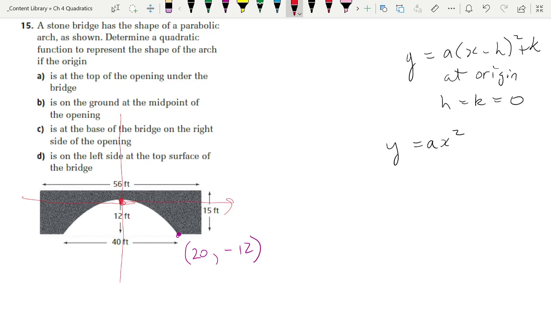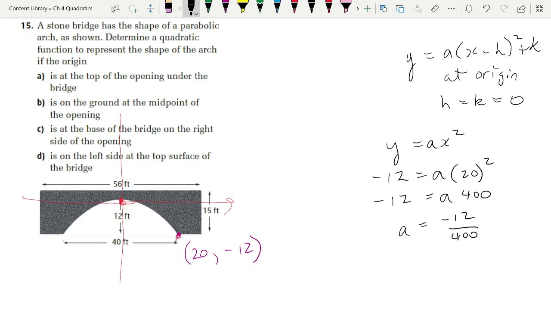Notice, I know a parabola has to be symmetrical, so if it goes 40 across here, this has to be the point 20, and it goes down 12. So there we go. I can now use this point to find A. When y is negative 12, x is 20, and A is going to be negative 12 400ths.